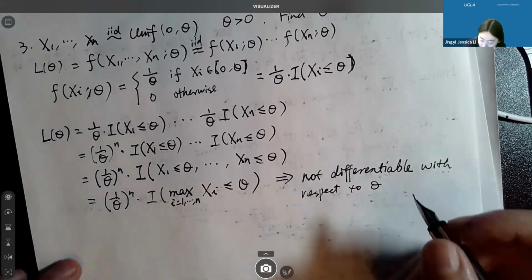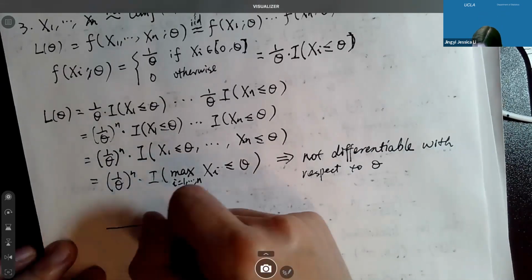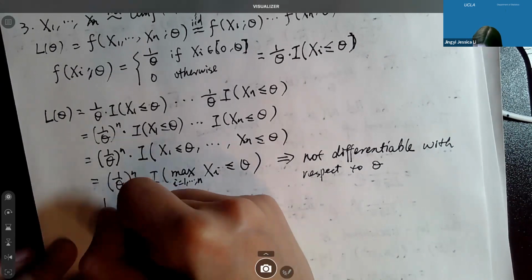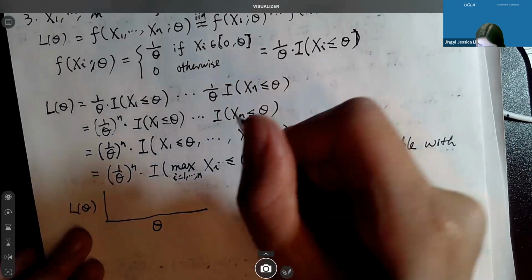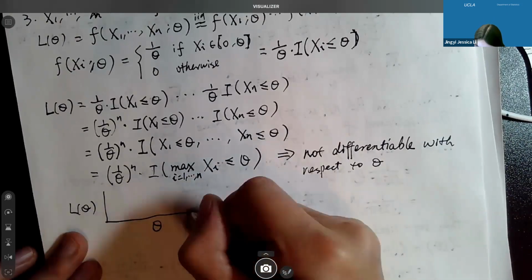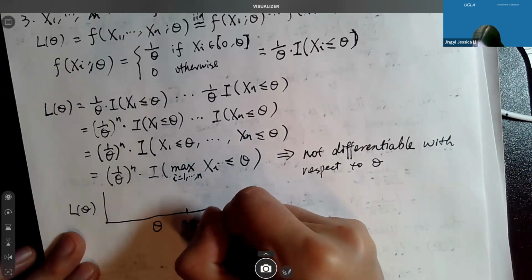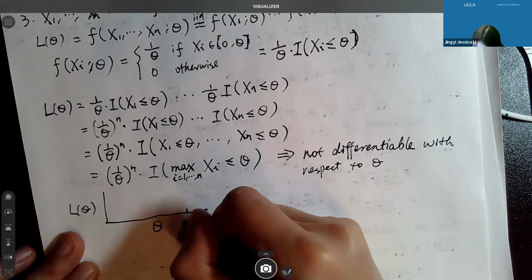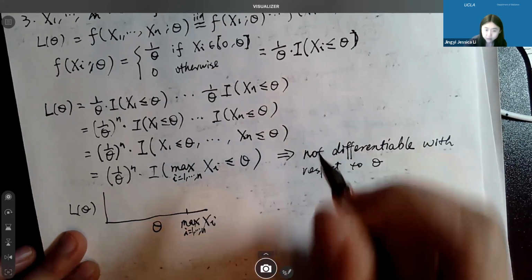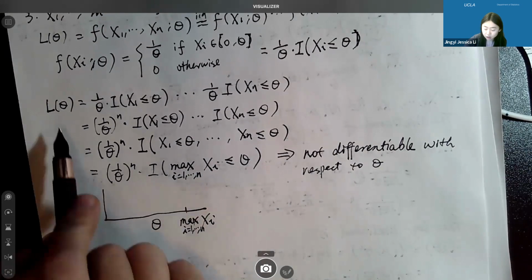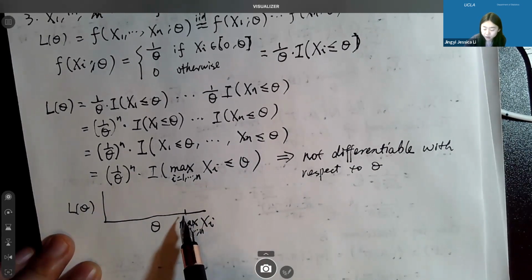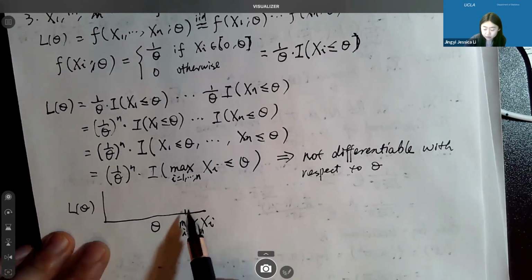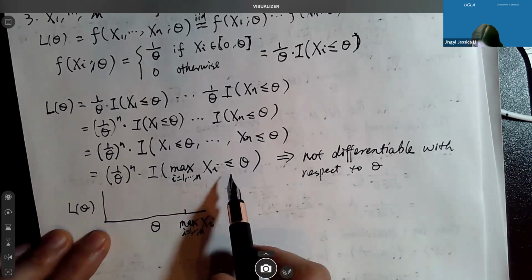So we can imagine that here the function is this. Let's say theta is this, L(theta) is the y-axis. Let's say that we find the maximum of our x_i, and it's right here at this value. Then by this definition of L(theta), if theta is on the left of it, we are going to have 0 from the indicator function.